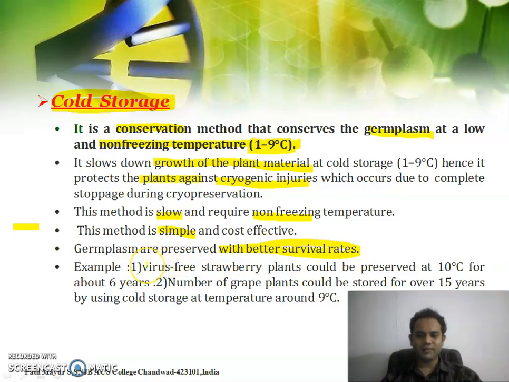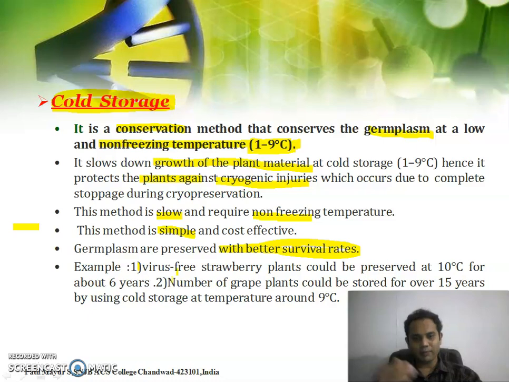For example, virus-free strawberry plants can be preserved for around 6 years. They are continuously kept at 10 degrees; around 1 to 9 is given, but there is an approximation where plus minus 1 or 2 degrees is allowed. So at 10 degrees Celsius we can preserve the strawberry plant for about 6 years.